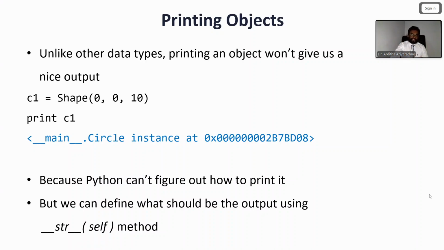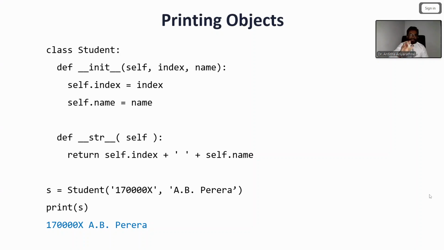If you want to visualize it, you have to remember that when you are creating the class, at the same time you have to create this string function also. The main requirement of creating the string function is if you want to print an object and see what is inside it. That is the requirement.